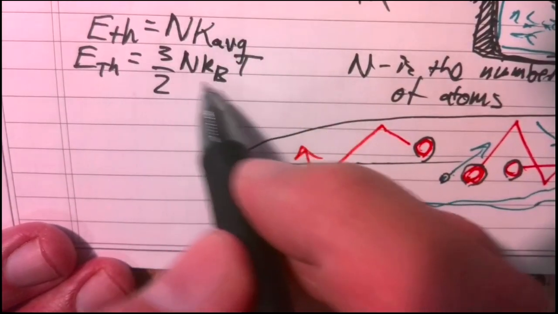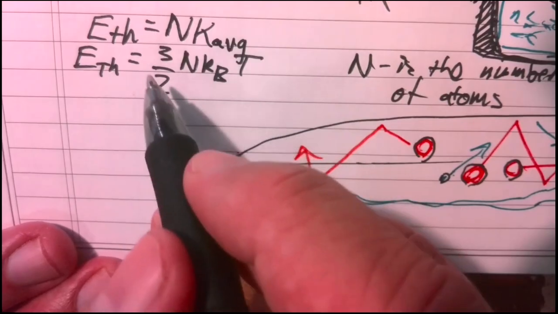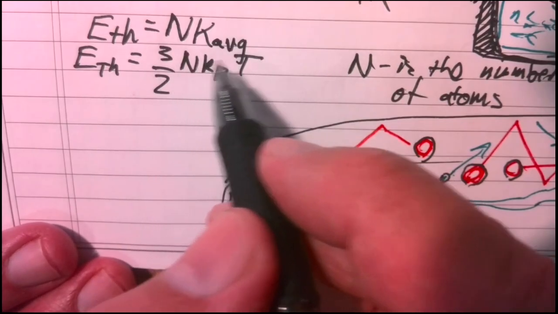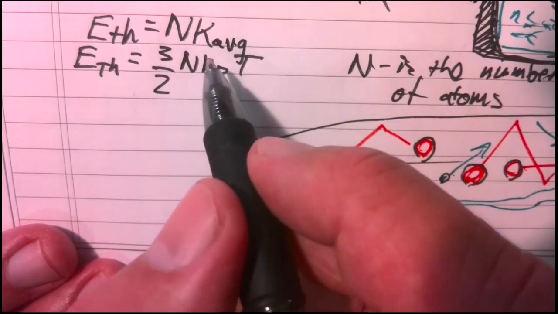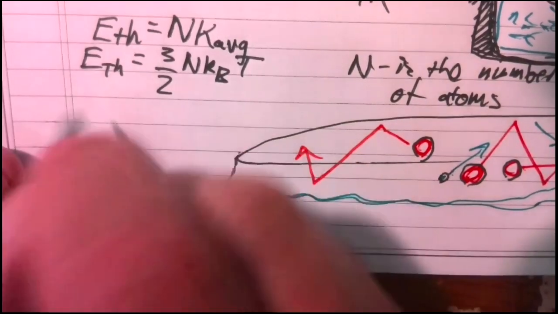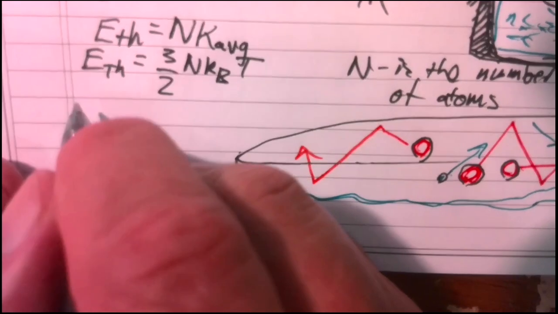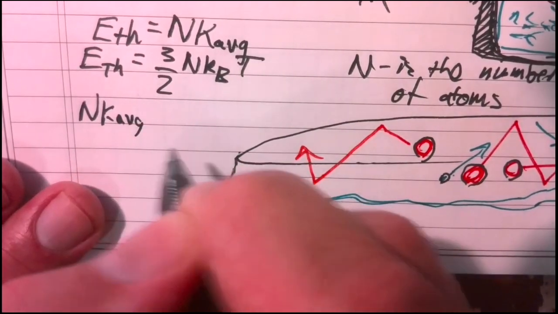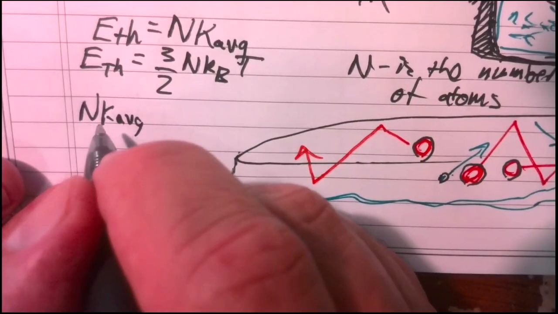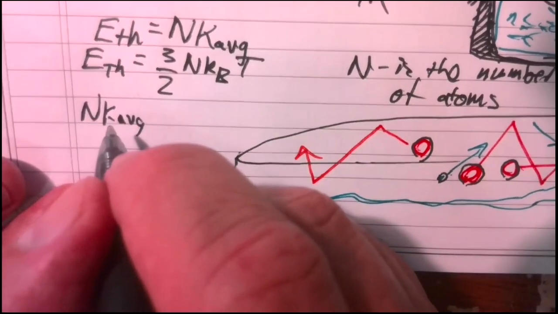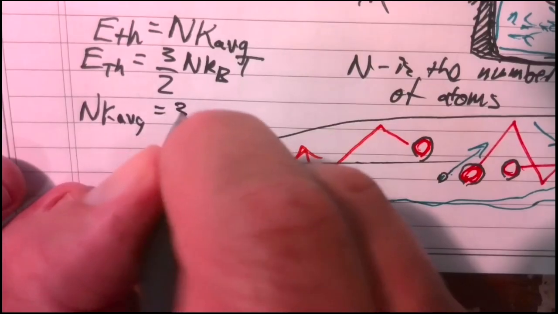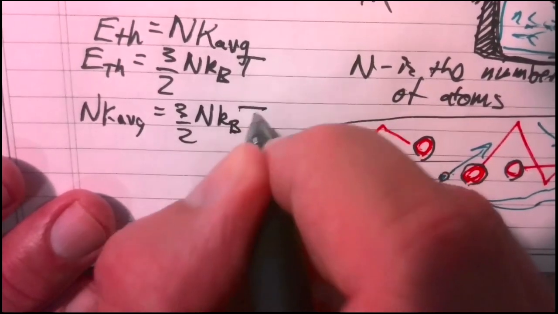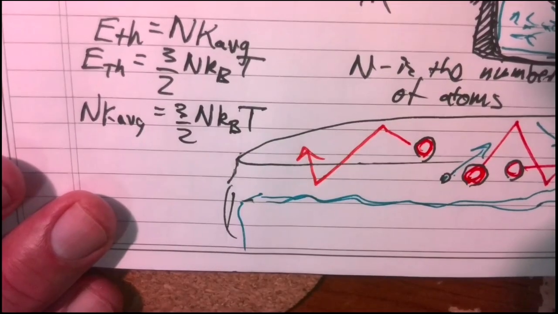A way to calculate that is right here. This is how we get the kinetic energy of our gas molecules. So I can just set these two things equal to each other: the number of atoms times the average kinetic energy is equal to 3/2 times N times Boltzmann's constant times T.